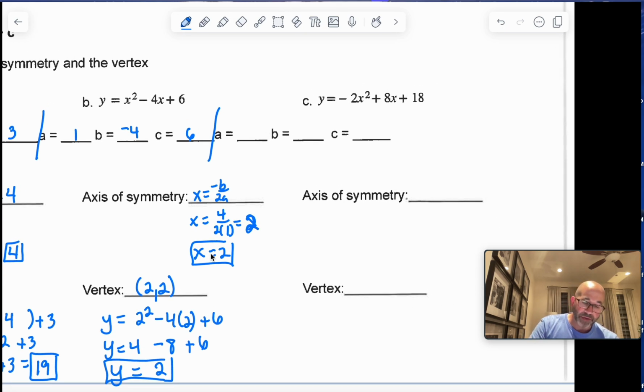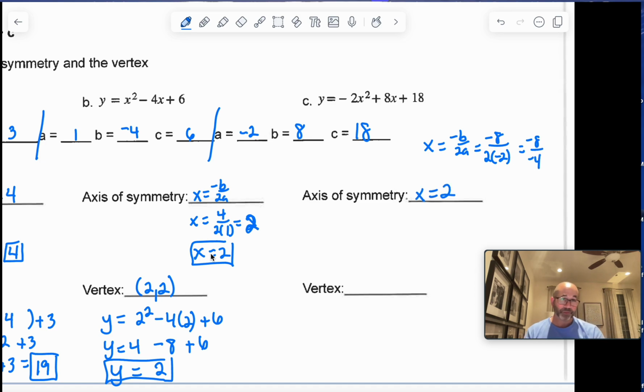So we have my A value is negative 2, B value is positive 8, C value is 18. Okay. We have x equals negative b over 2a. That means x equals negative 8 over 2 times negative 2, which means we get negative 8 over negative 4, so x is equal to 2.